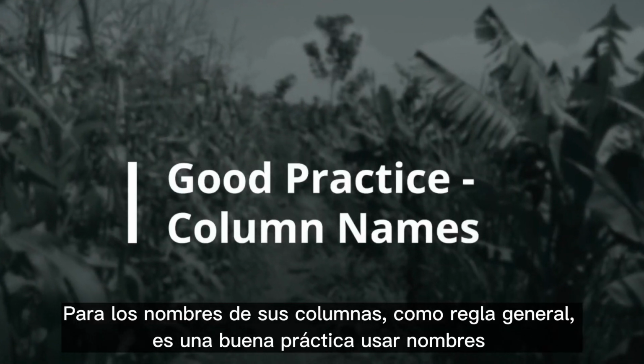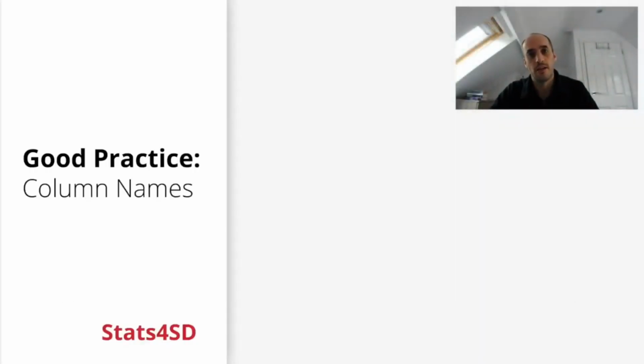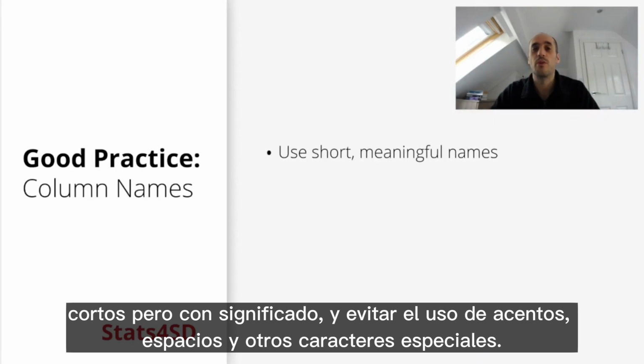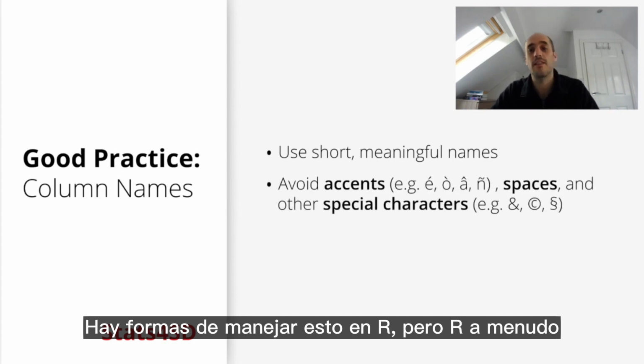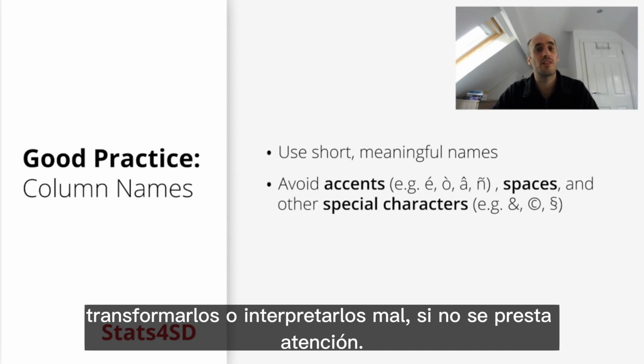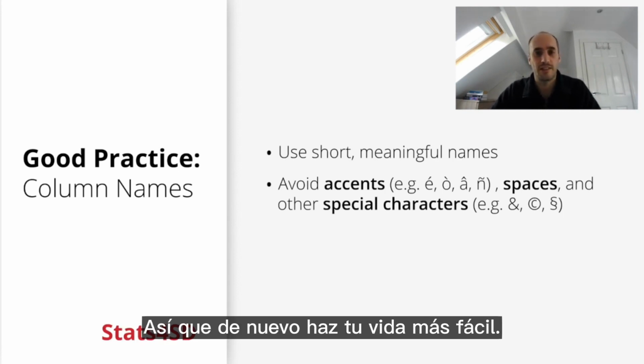For your column names, as a general rule, it's good practice to use short but meaningful names and to avoid using accents, spaces, and other special characters. There are ways to handle these in R, but R will often transform or interpret them wrongly if you don't pay attention. So again, make your life easy.